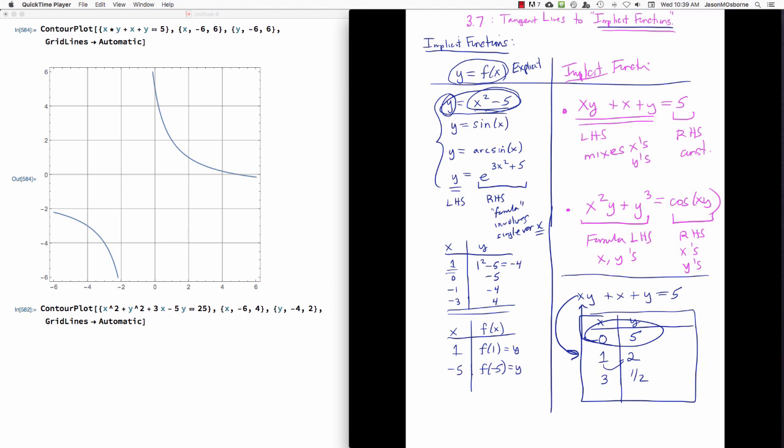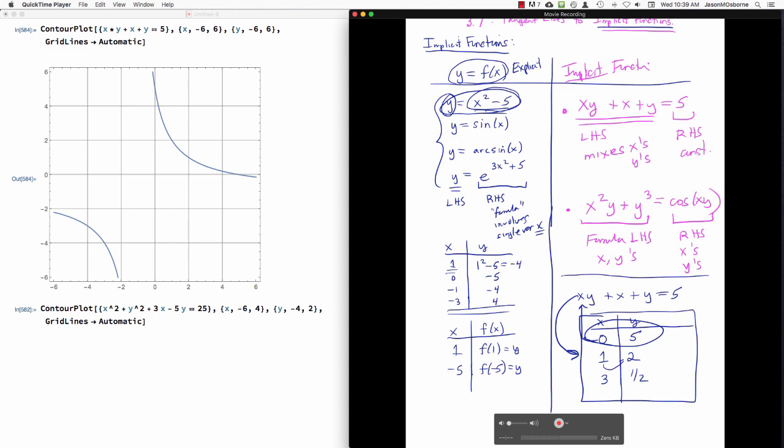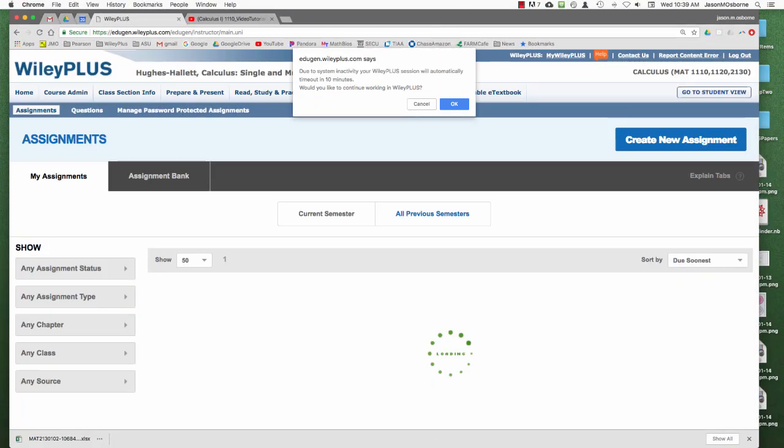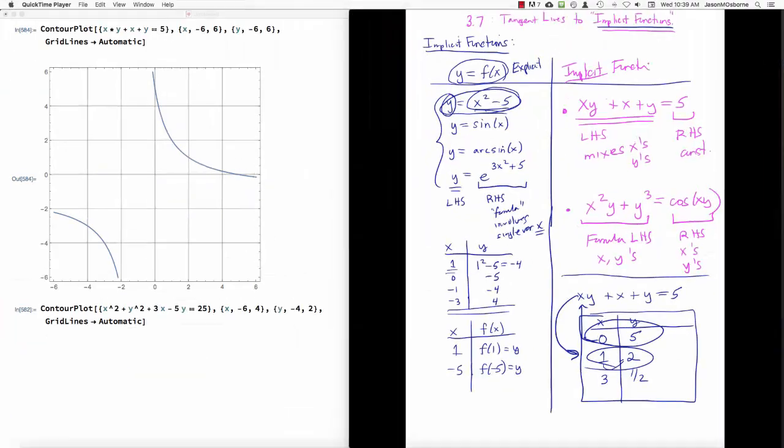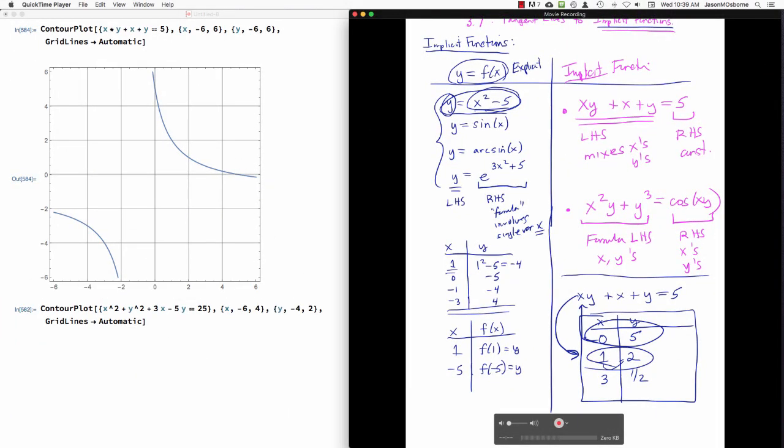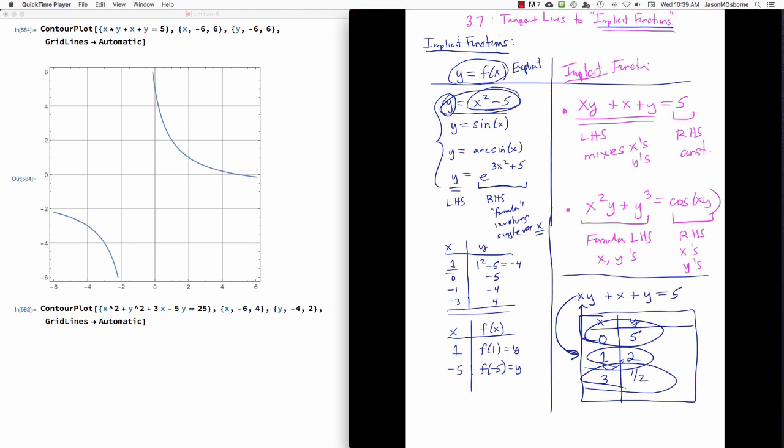I'm not sure if you can see my mouse, but when x is 1, read it across to the y-axis, y is 2. And that's what we were seeing here. Okay, sorry, let me go back to the screen. And when x is 3, y was supposed to be a half, so let's look at x equal to 3, read it up to the graph.